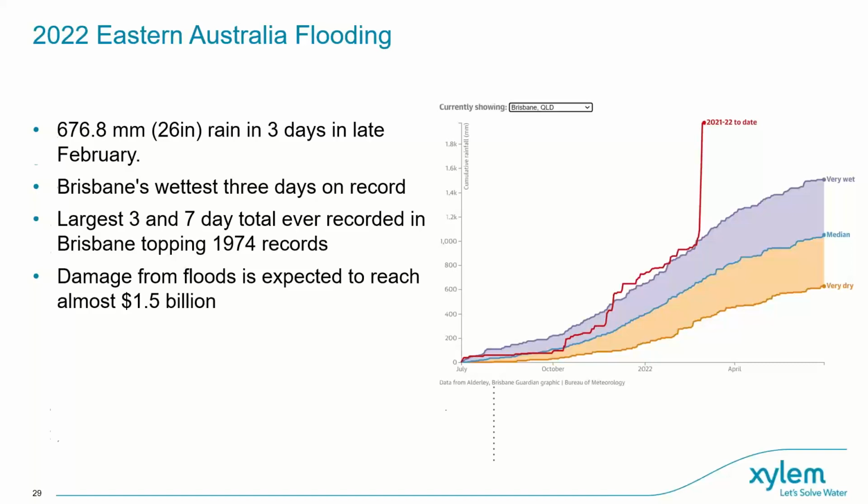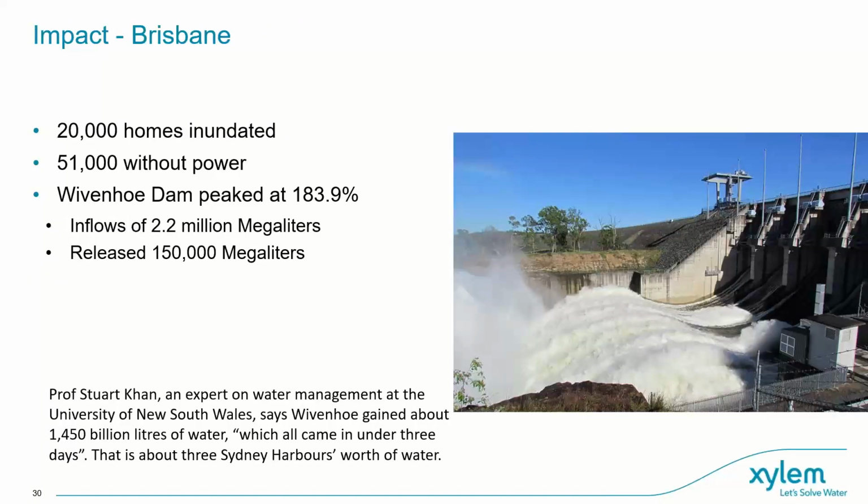So the impact: 20,000 homes, probably plus now, inundated, flooded, and 51,000 without power for several days. The Xue Dam, which was built just after the 1974 flooding, to both create a reservoir to provide Brisbane with water, but then also provide flood protection, peaked at 184% of capacity.